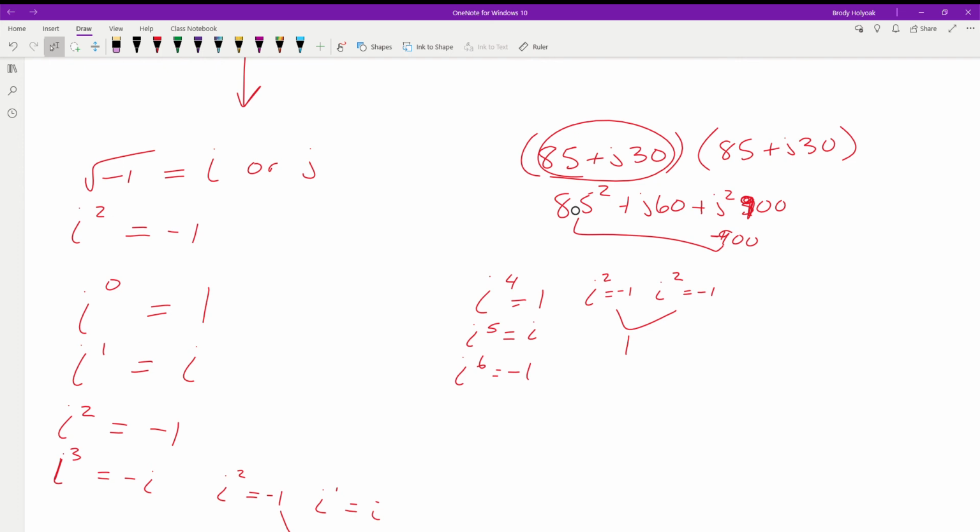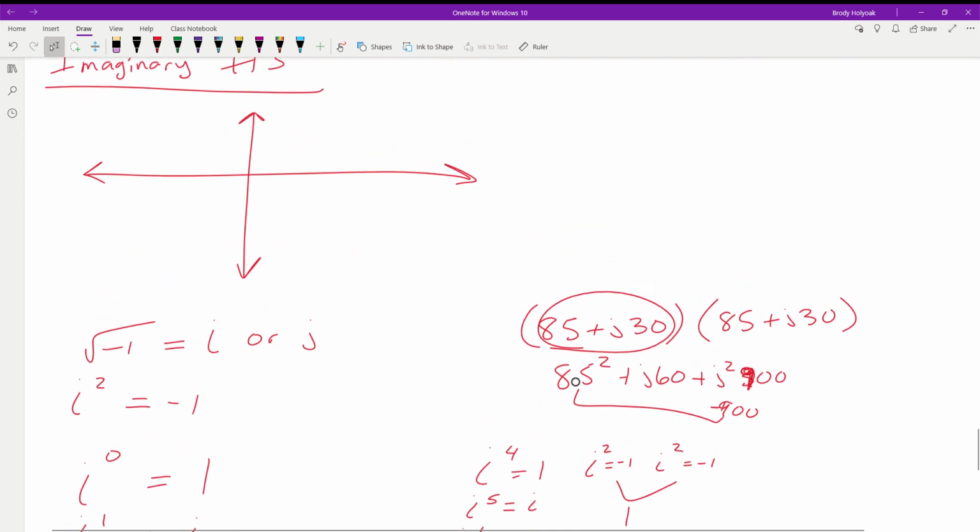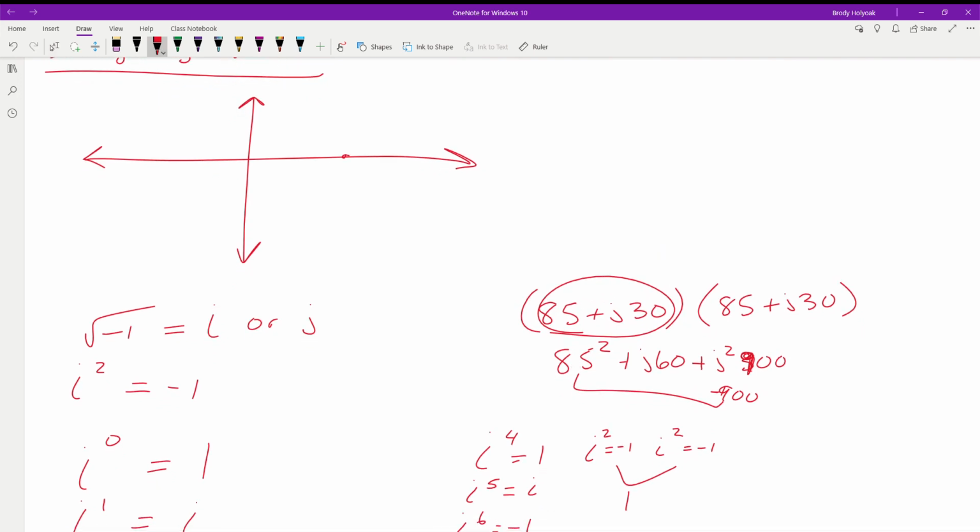The other way to think of this is that when we multiply these together, we have some value, and we're trying to create the new point between the two of them. So what we end up with is our real value and our imaginary value, and that is what our graph is going to look like. We don't have a j here because we're not going into the next dimension yet. We don't have a z-axis to account for the squares.